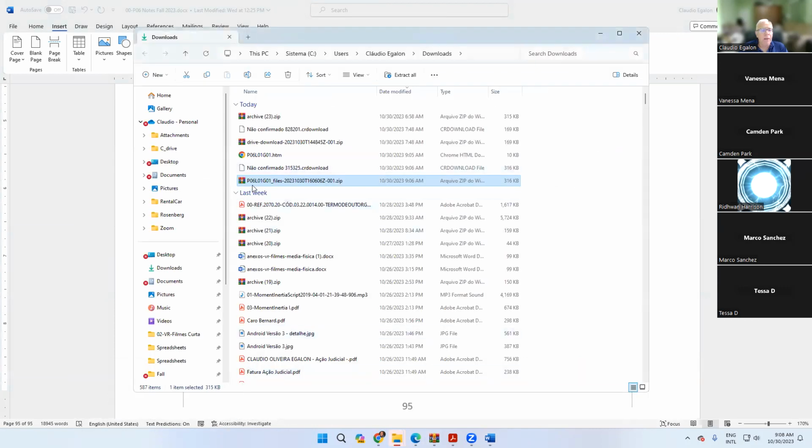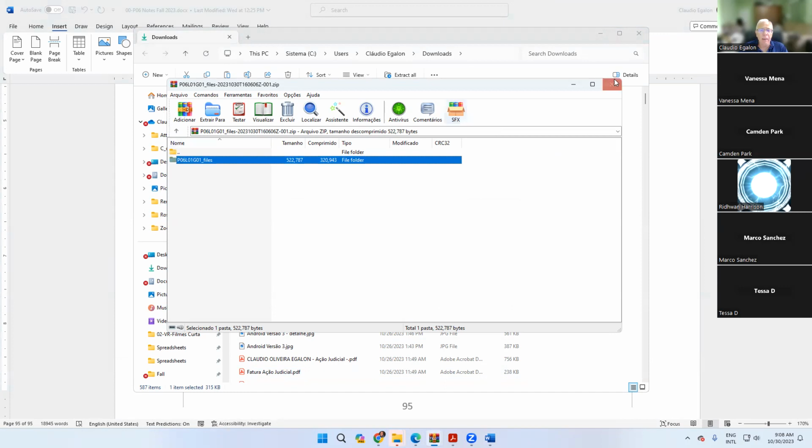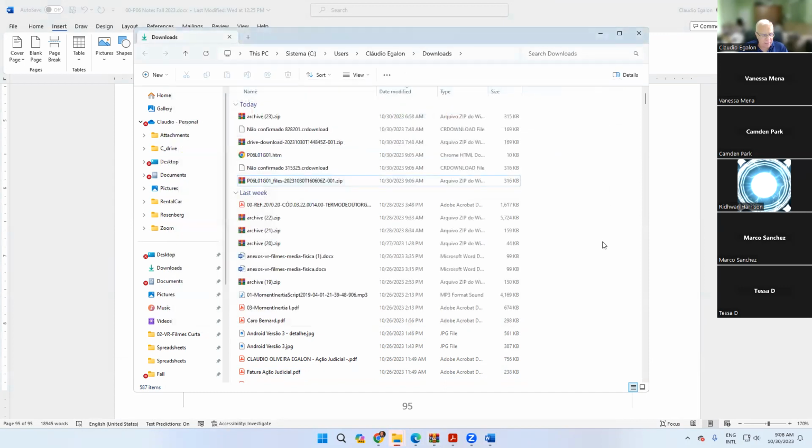Right in here, I have to go inside this folder. Click the folder that you downloaded, copy it, and then paste it in the same folder where this file is located. You have to make sure that both the folder and file are there.